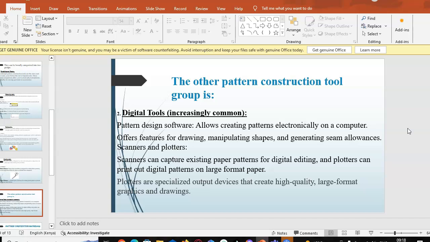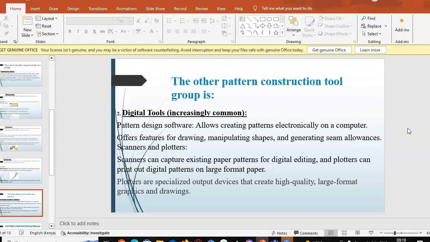For the digital tools, we have pattern design software. This allows creating patterns electronically on a computer. They offer features, for example, for drawing, manipulating shapes, and generating seam allowances. Under the digital tools, we have categories, for example, the scanners and the plotters.